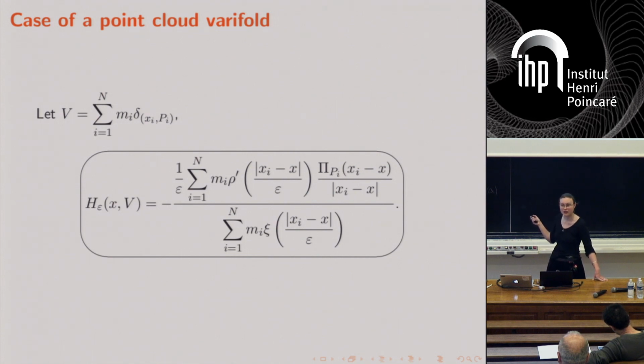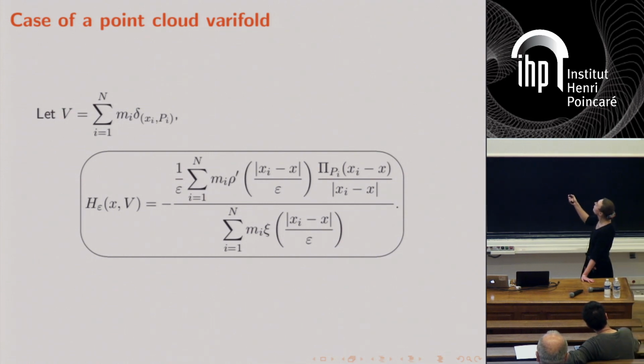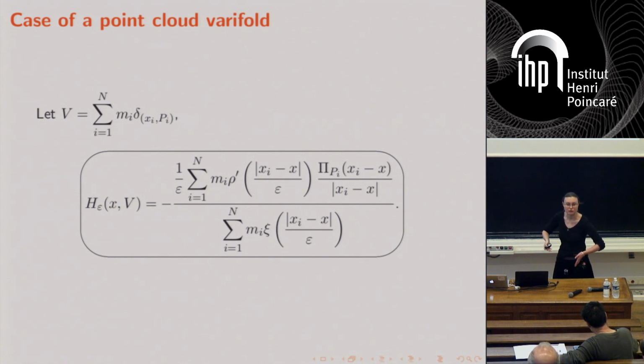And the local mass is maybe a deeper question, because it's not clear how to compute masses in order to have an estimator that is convergent. You have ways to compute local densities, but then the convergence of those techniques is not clear. So once you have that, you just apply your formula to your neighbors. Here it's not a sum over all the cloud, because you can take a kernel that is compactly supported with a small support of order epsilon.